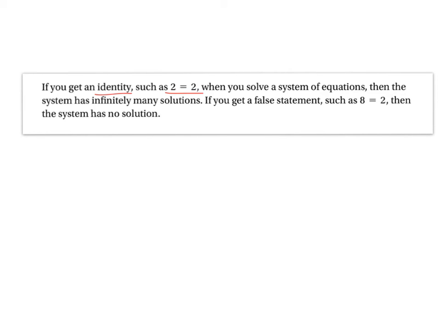An identity means it has infinitely many solutions. The other option that you may get if you don't get a variable equals a real number is something like 8 equals 2, where the left side and the right side are obviously not equal. In that case, it's considered a false statement, and that system has no solutions.